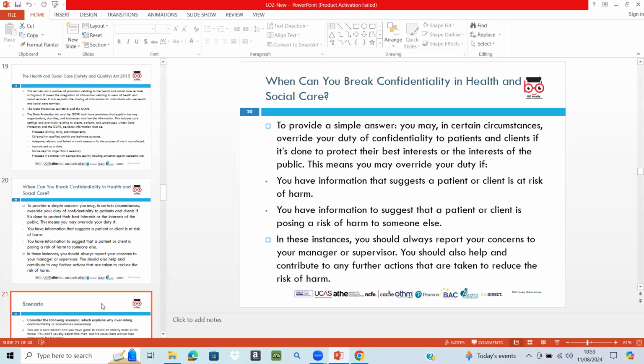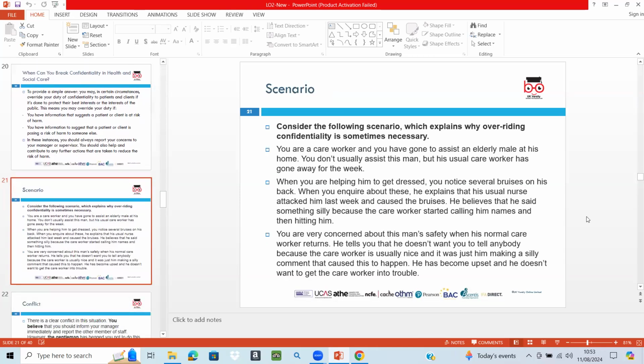And we have, okay. Here they have given us a scenario to discuss. We need to imagine you are a care worker, and while helping an elderly male service user, you notice there are bruises on his back.